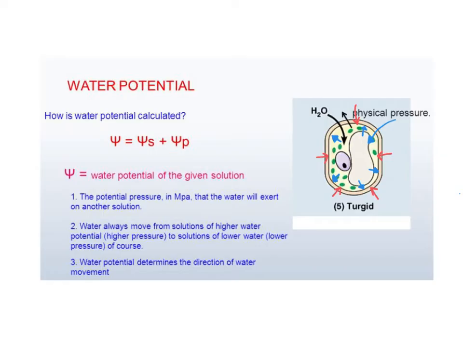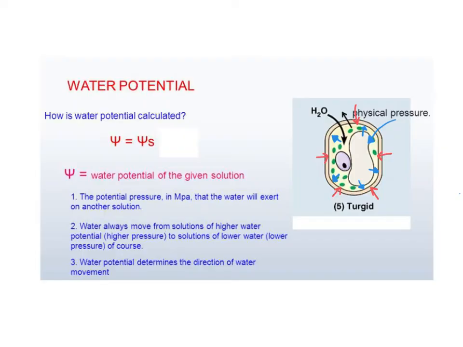That means, to make this simpler, we can ignore this portion of our equation because this value is going to be equal to 0. So what we have is that our water potential is equal to the solute potential, and the solute potential is something that we can calculate.